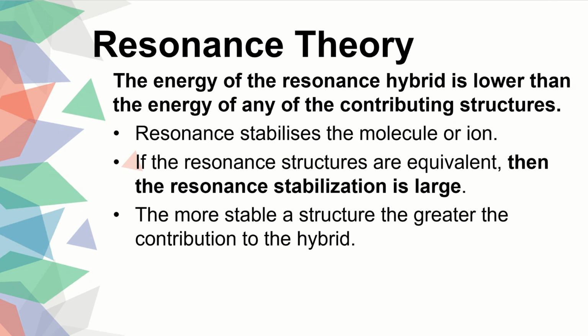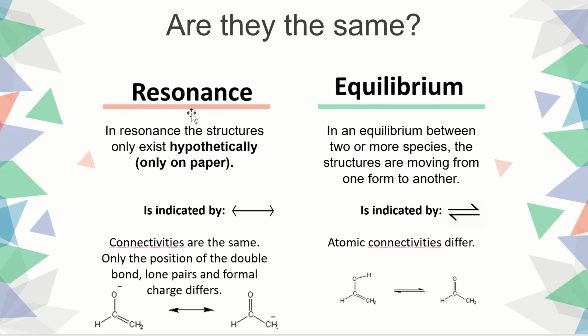All right, you may be wondering for a second, is resonance the same as equilibrium? Let's see, are they the same? Well, let's look at the differences. In resonance, as we have been saying, the structures only exist hypothetically.